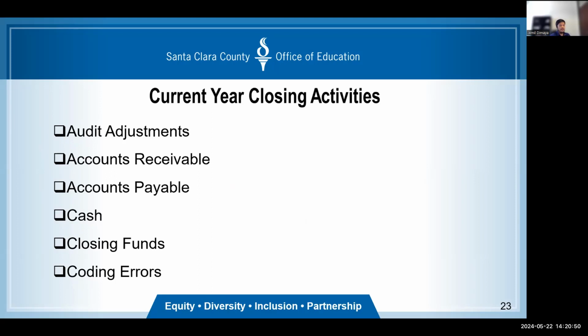And determine if an AR has been set up for all outstanding billings or invoices. For your payables, you want to accrue items such as payroll, items received, or services rendered by June the 30th. And you want to make sure your cash reconciliations are prepared for all cash accounts as of June 30th. And prepare entries to adjust the cash accounts if the books are not correct.